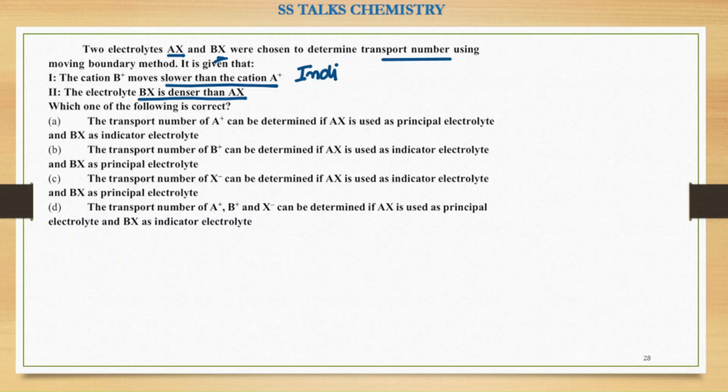The indicator electrolyte is going to have a cationic as well as an anionic part, and the desired electrolyte solution is also going to have a cationic and an anionic part.